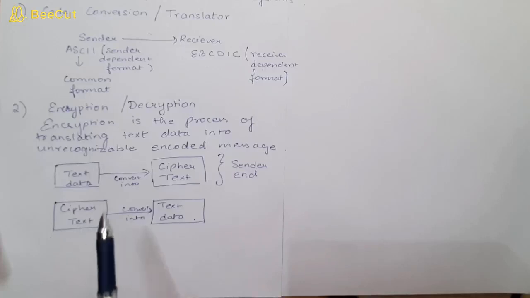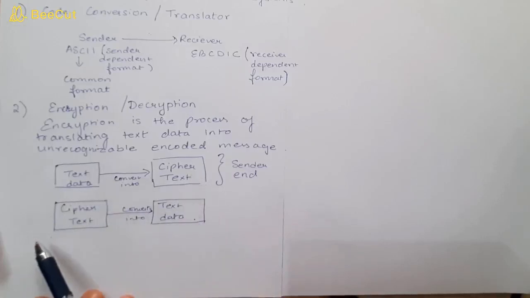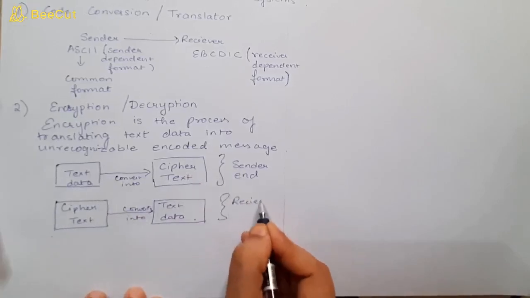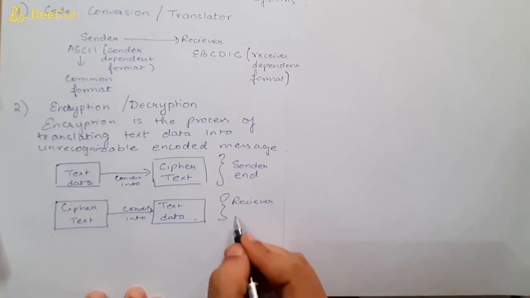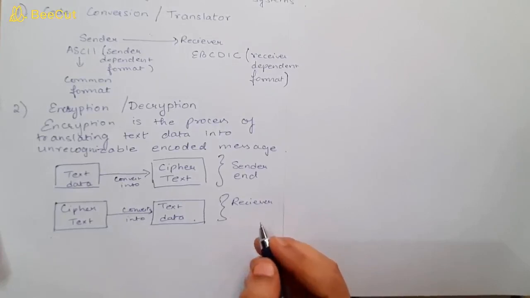So this text data, using some key, will be converted into ciphertext, and at the receiver end this ciphertext will be received, and then the receiver will use the same key or different keys. There are so many methods of encryption and decryption, and that is a part of cryptography.